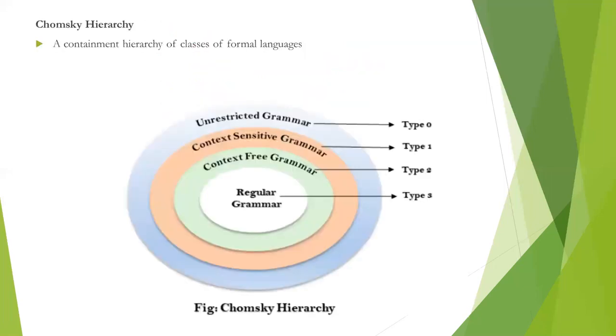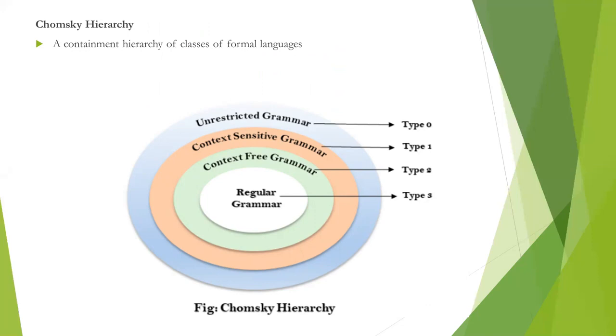Chomsky hierarchy, a containment hierarchy of classes of formal languages. It is divided into four types. Type 0 is known as unrestricted grammar. Type 1 is known as context sensitive grammar. It is accepted by linear bounded automata.